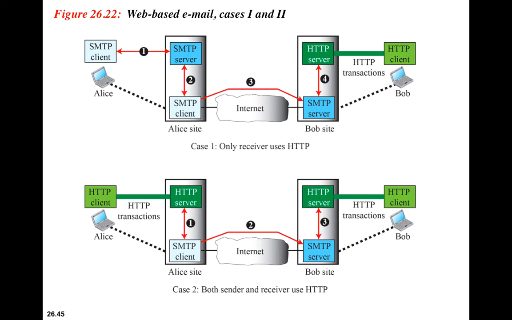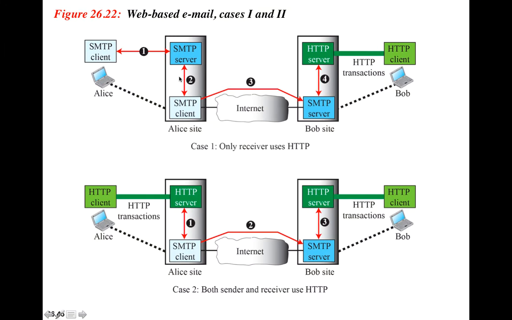Now the next type we have is an email transfer where the sender is using the email client, but the receiver is using a web-based interface. So for example, your Google Mail, Yahoo Mail, Hotmail. So now we look at how this is taking place.